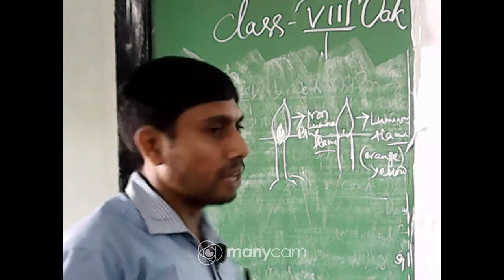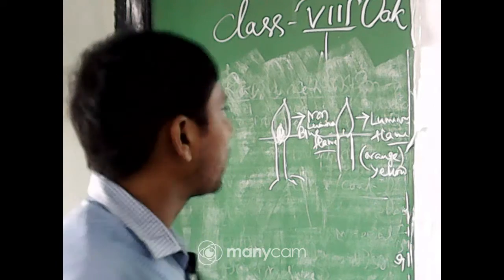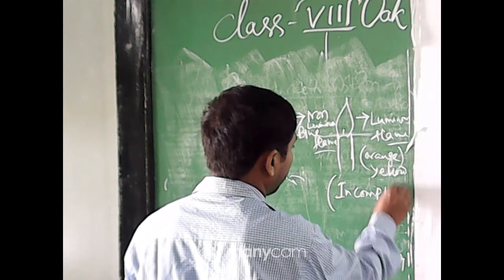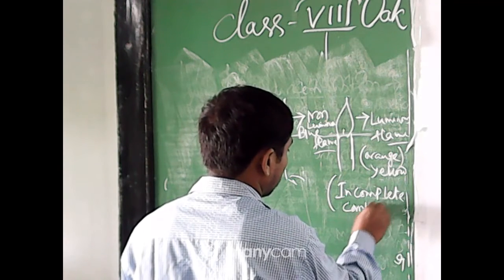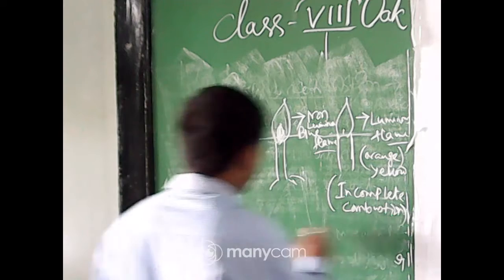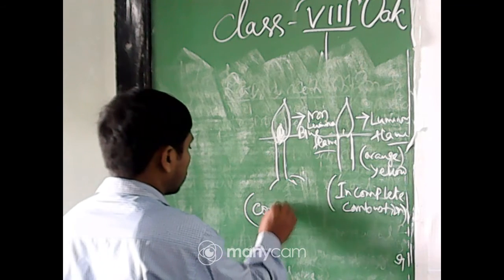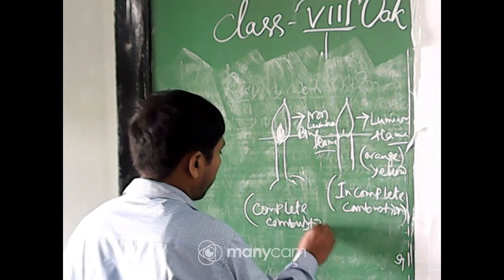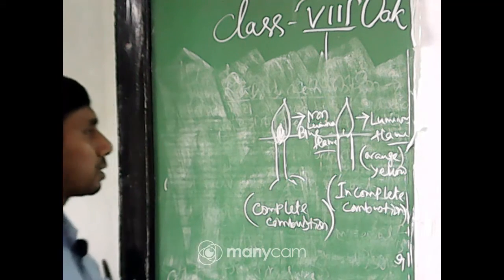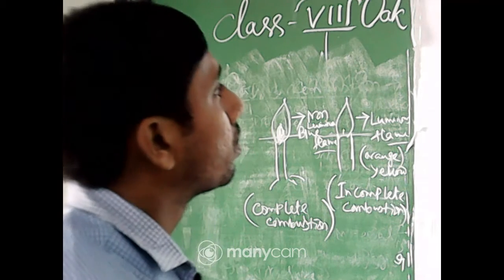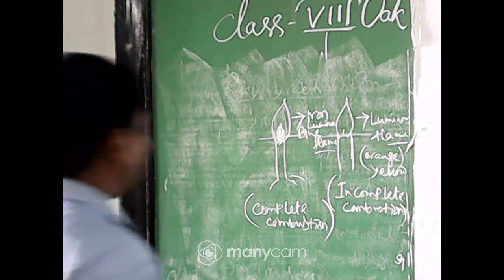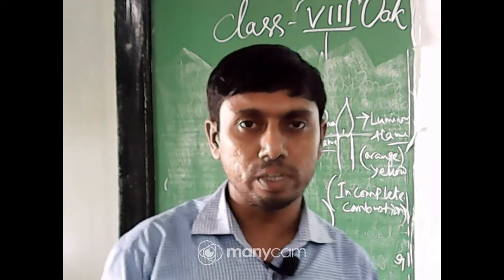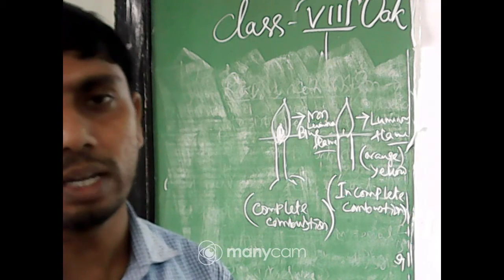A luminous flame is produced by incomplete combustion, and a non-luminous flame is produced by complete combustion. Lots of questions are there. Incomplete combustion means the substance which can burn is not burning due to some deficiency.